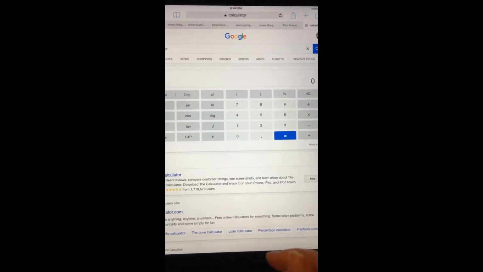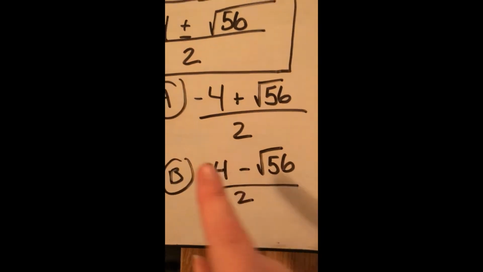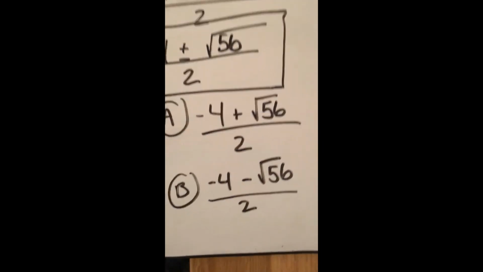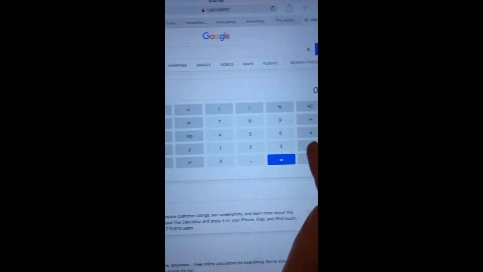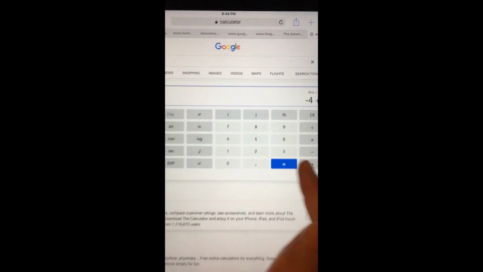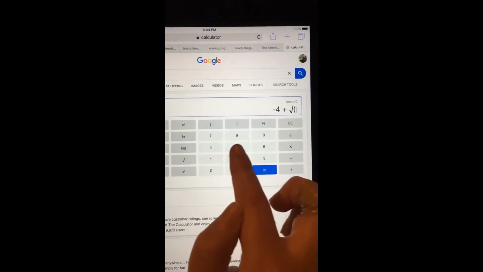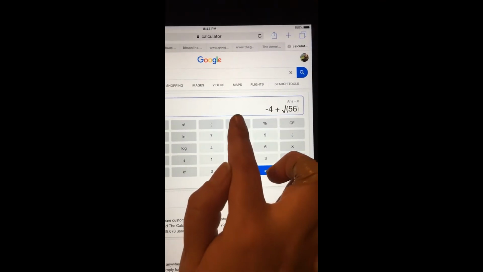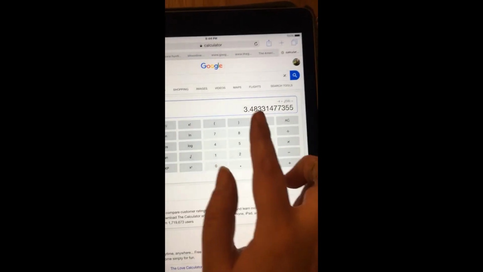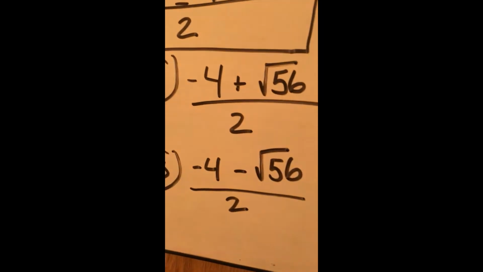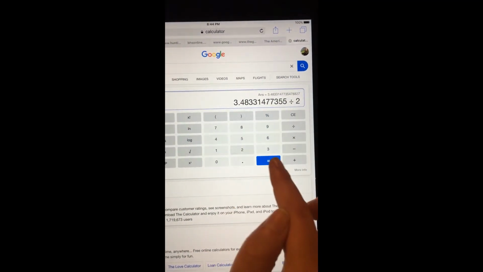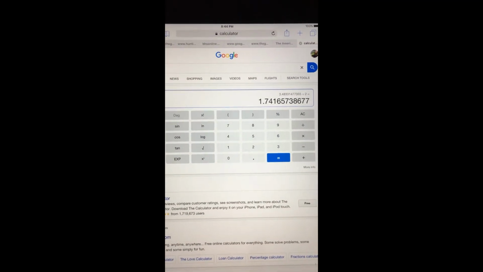You put the top part in first: negative 4 plus the square root of 56. Make sure we end the parentheses there. Then it's going to be divided by 2. And we get that long decimal.